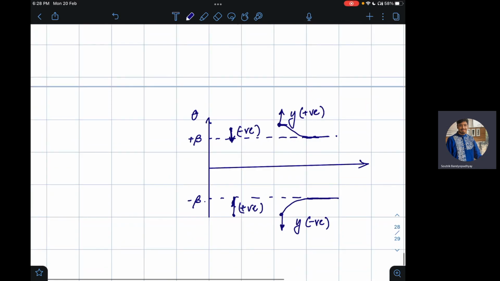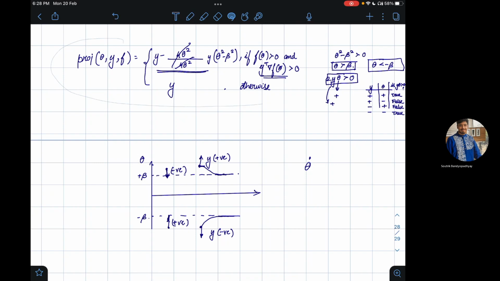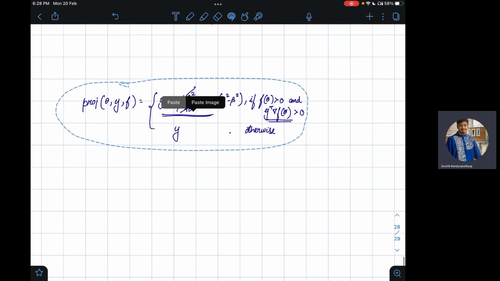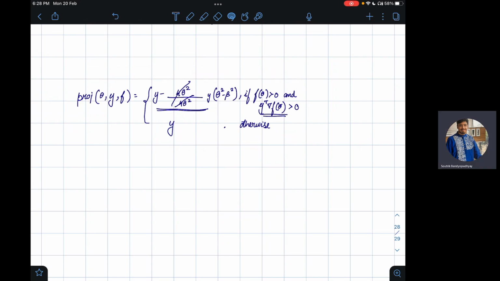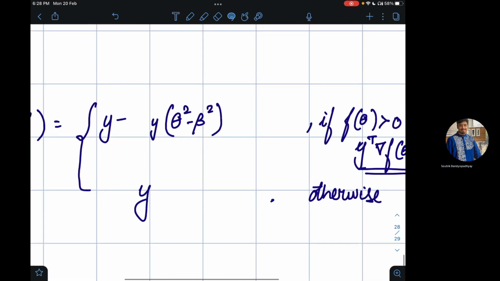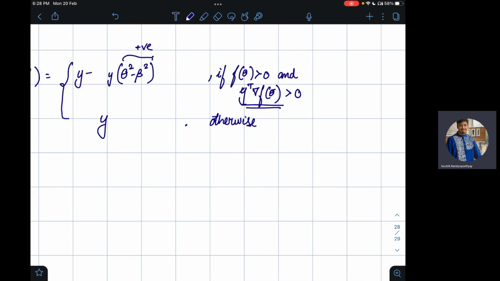So if you have to project, then the projection becomes like this. Essentially, this quantity is positive because one of the conditions over here is theta square minus beta square.